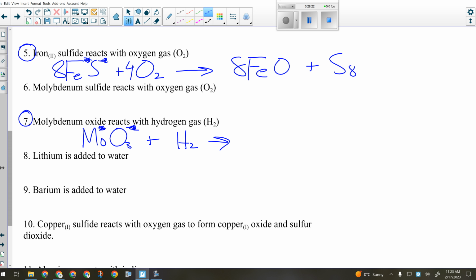What kind of reaction is this? Single replacement. So we're going to have hydrogen with oxygen and molybdenum by itself. When these 2 go together, it should make something that looks like that. And then when we go back to balance, we got to balance our oxygens. So we got 3 and 1. If I put a 3 here and a 3 there, I think the whole thing works.